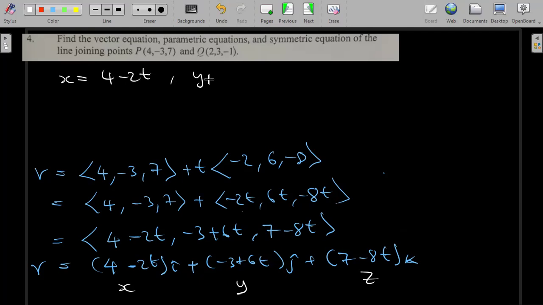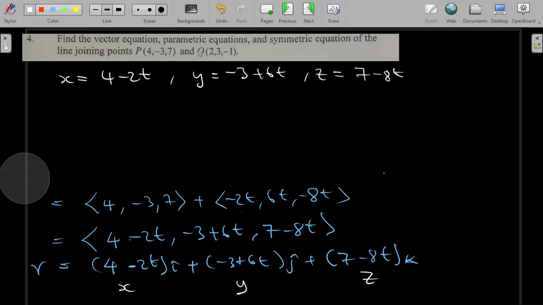Then y equals, you leave out the j because you're not writing the vector, -3 plus 6t. Then z equals 7 minus 8t. So vector equation down there, parametric equation up there.